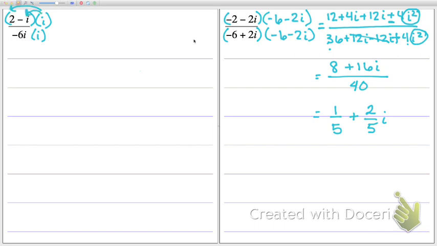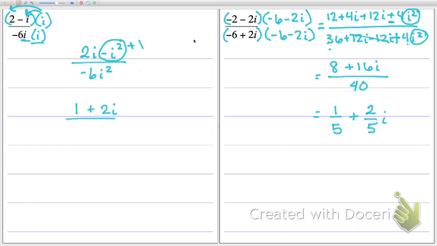So that'd be 2i minus i squared over negative 6 times i squared. Yes? i times i is i squared. Sure. So this negative i squared becomes a positive 1. So it's 1 plus 2i.